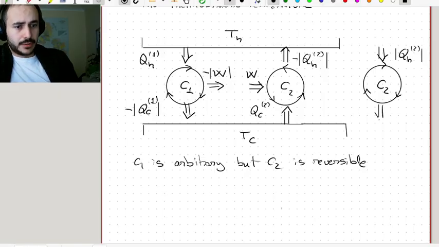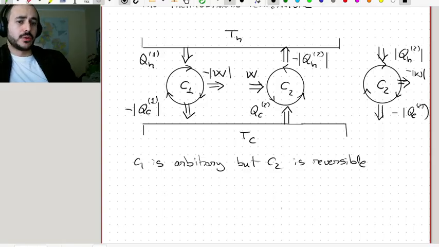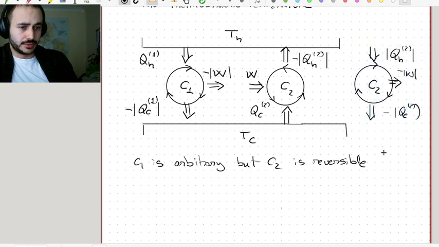I will be releasing an exactly equal amount in absolute value of heat into the coldest bath, Q2. And as a result of this, I will be able to deliver some work, which is going to be negative and identical in absolute value to the work which is being fed into this reversible engine, just because it's reversible. That's what it means to be reversible, okay?